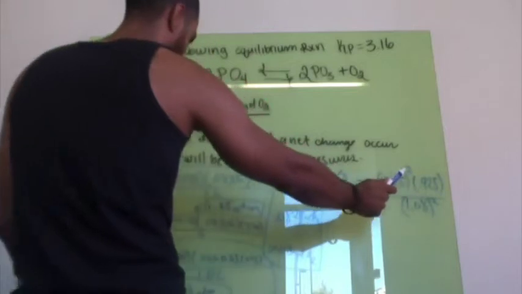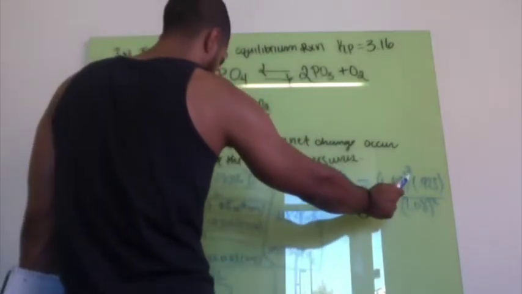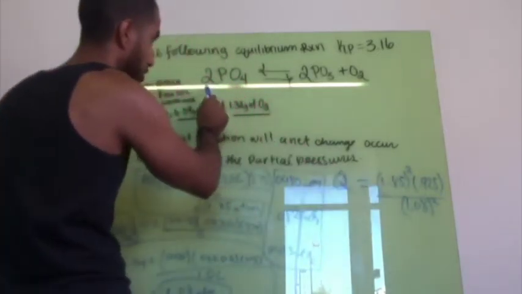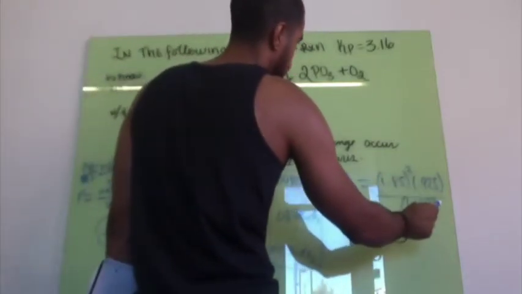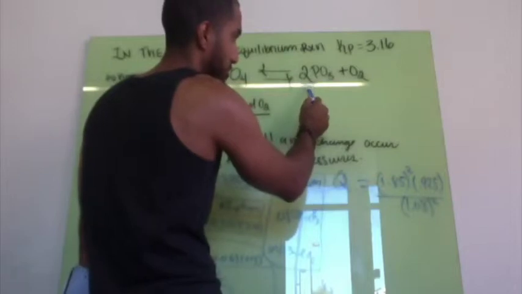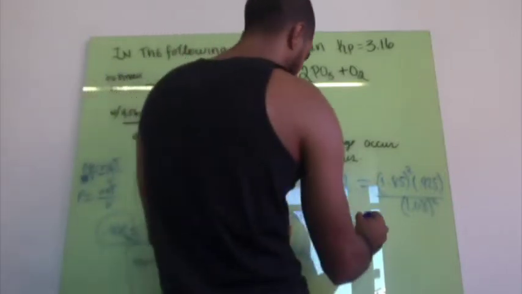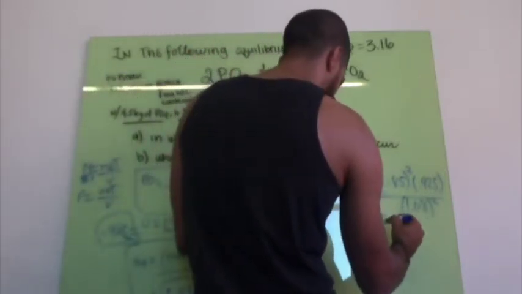As you see, I squared this over here because of the coefficient at the PO4, and squared this here because of the coefficient at the PO3. And from here we will get 2.71.